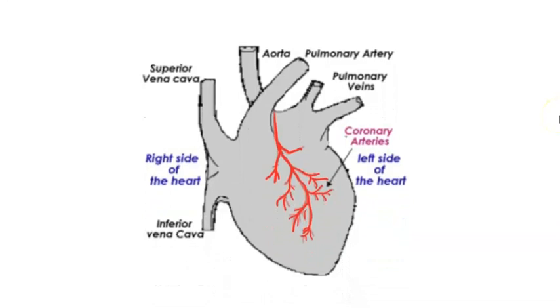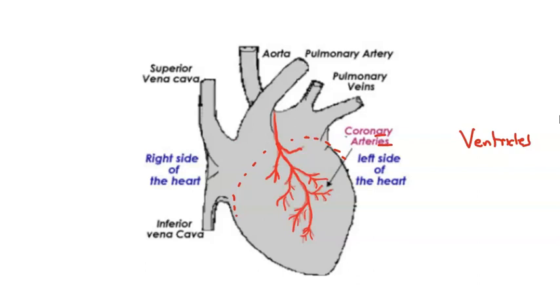Let's consider, in the first instance, the external features of the heart. Most of the heart that you'll see is actually composed of the large pumping chambers, which are called the ventricles. In this diagram, this occupies most of the space below the dotted line. Running across the surface of the heart are the heart's own blood vessels called the coronary arteries.